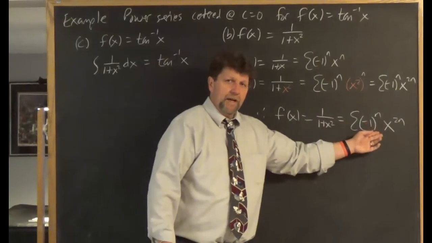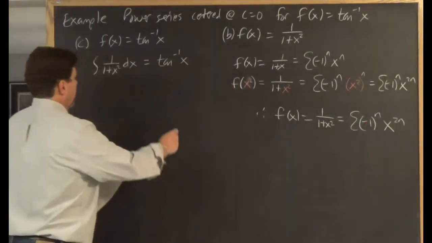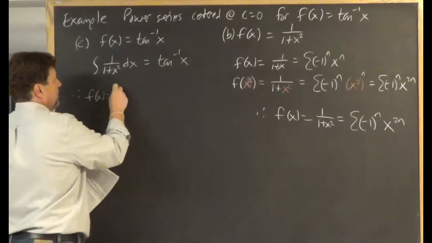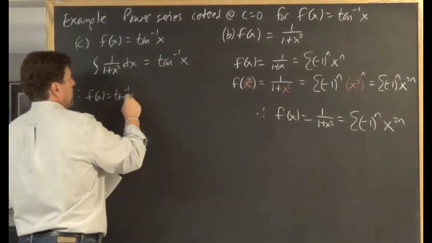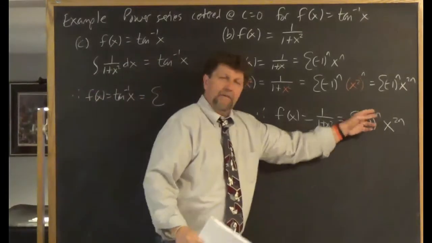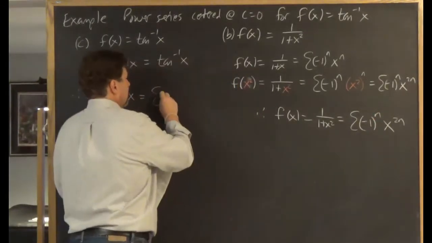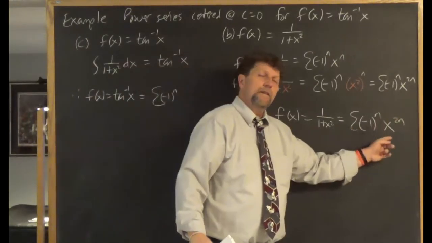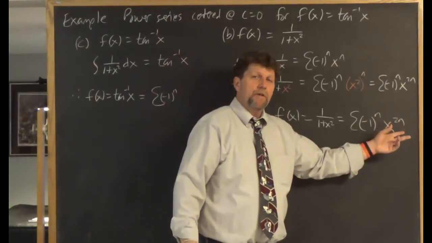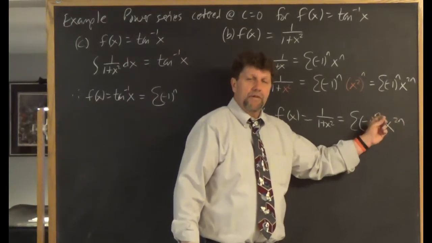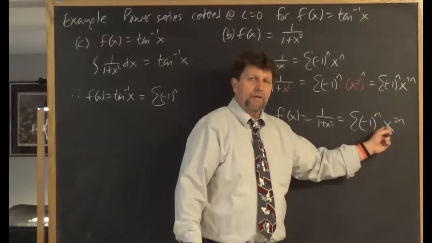So we integrate it. And that immediately tells us, let's see, I'll have a negative 1 to the n. When I integrate this, I add 1 to the exponent, and then 1 over that new exponent, the reciprocal of the new exponent, would be out front as a multiplier.